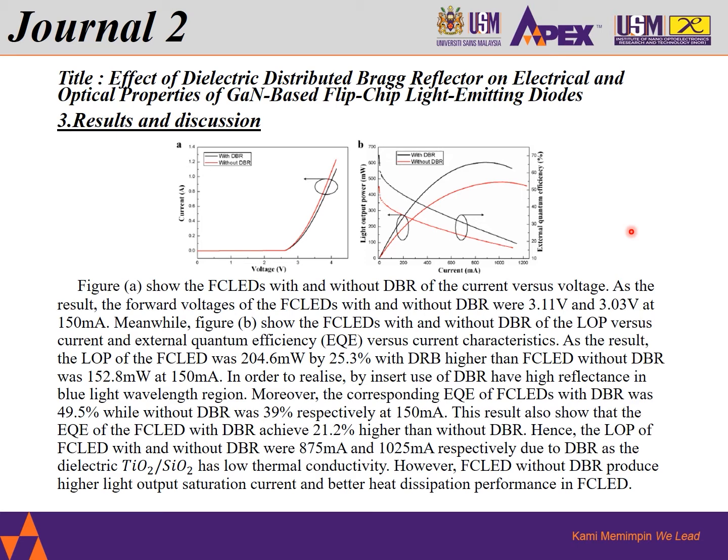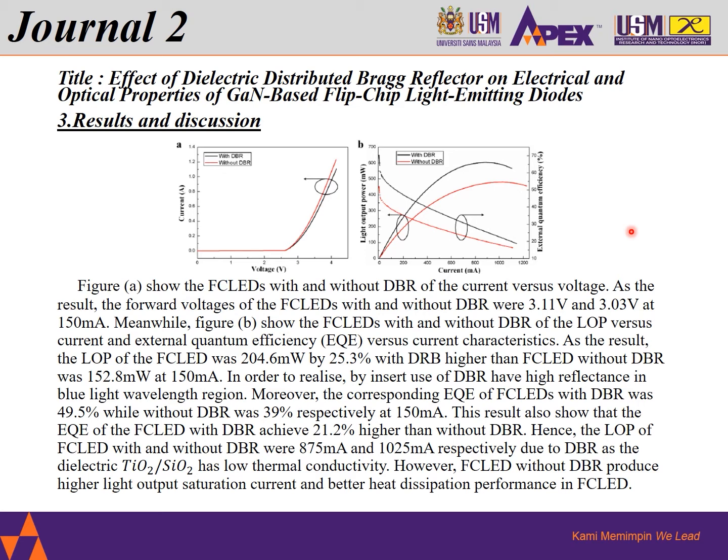Moreover, the corresponding EQE of the flip chip LED with DBR was 49.5%, while without DBR was 39% respectively at 150 milliampere. This result also shows that the EQE of the flip chip LED with DBR was 21.2% higher than without DBR.